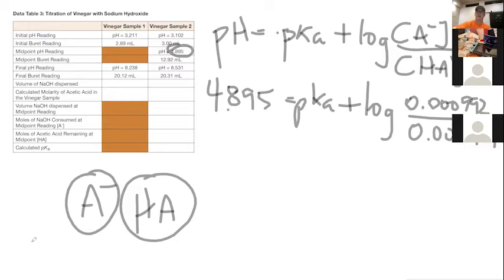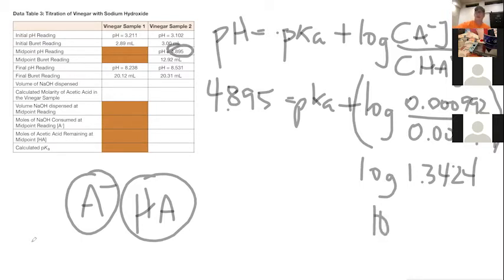So we look up, that would be log of 1.3424. And so you just plug that into your calculator. Basically, what is 10 to the 1.3424? And the answer is 0.1279.